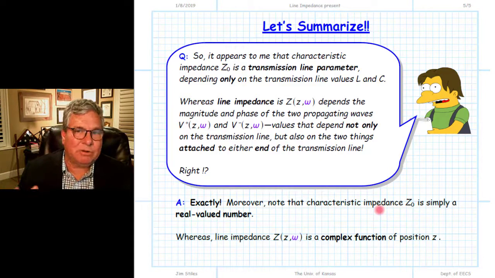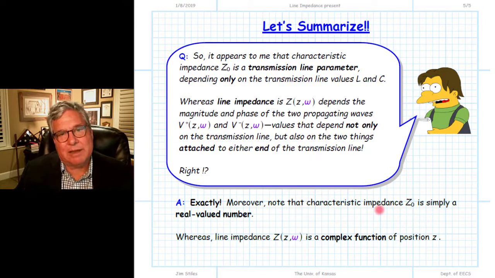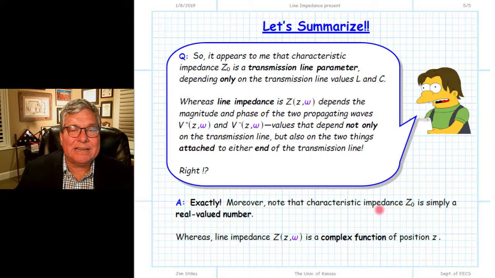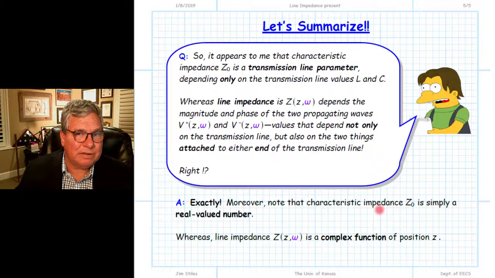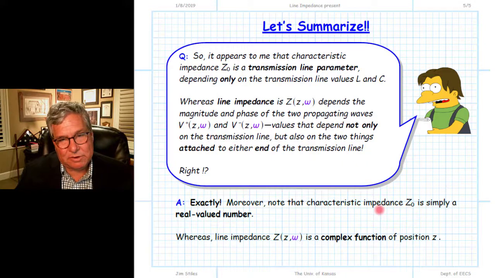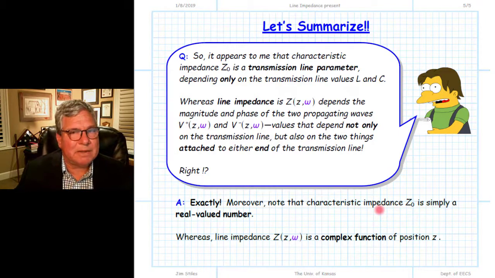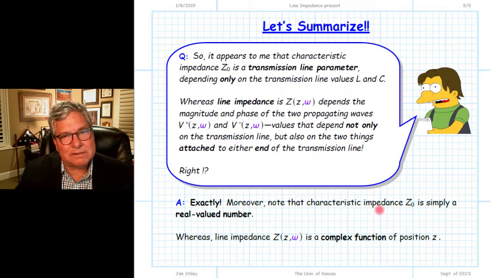By connecting something to our transmission line, it will determine the line impedance function, and that line impedance function will then provide a constraint on the ratio between total voltage and total current. Just like any impedance doesn't determine what V is or what I is, but it will constrain the ratio of V to I. Once we have the line impedance function, when we attach something to our transmission line, that will constrain the values of V and I that will result. The ratio of total V to total I must be equal to the line impedance function, which again will not be equal to the characteristic impedance, generally speaking.